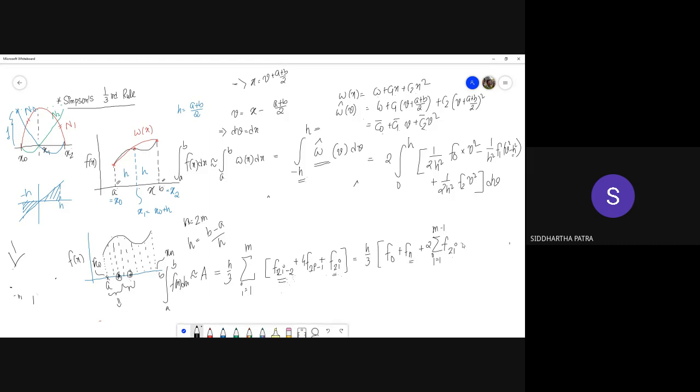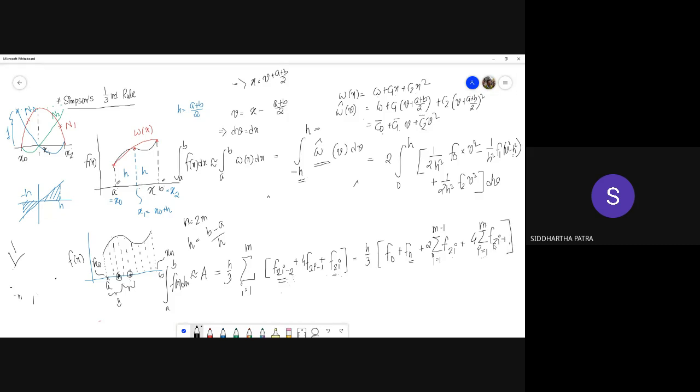And then it is 4 times summation over i equals 1 to m. Please note, for this one the summation remains from i equals 1 to m, f of twice i minus 1.